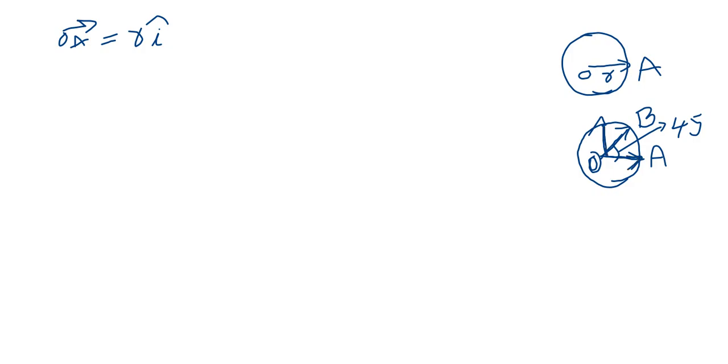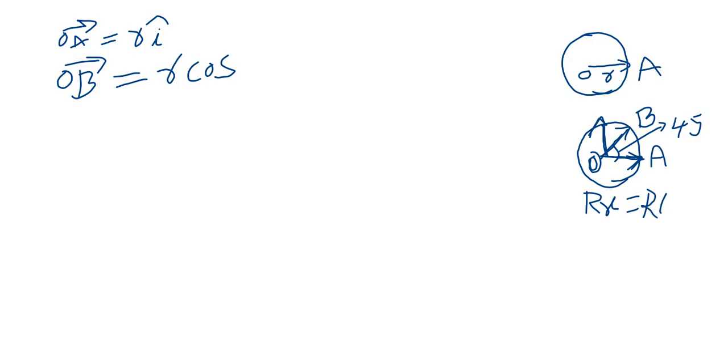So we can write OB bar as follows. The angle given is 45 degrees. In x direction its component is Rx equal to R cos theta. So R cos 45 degrees i cap.